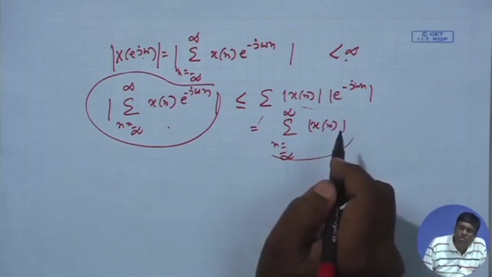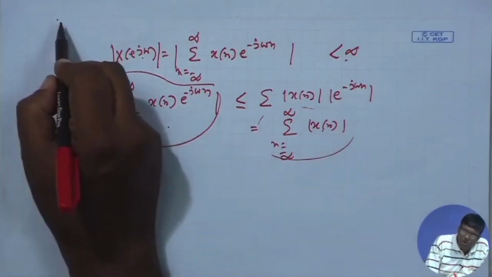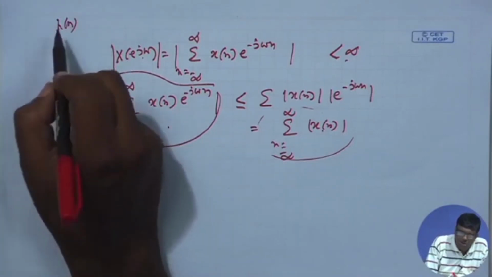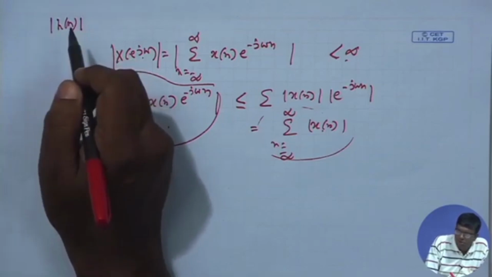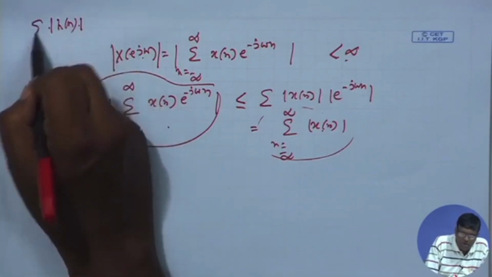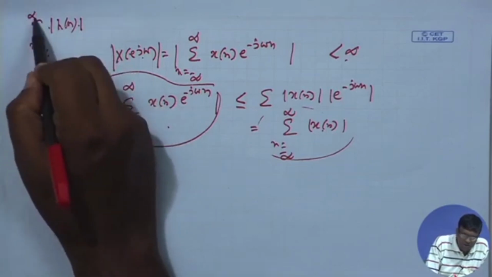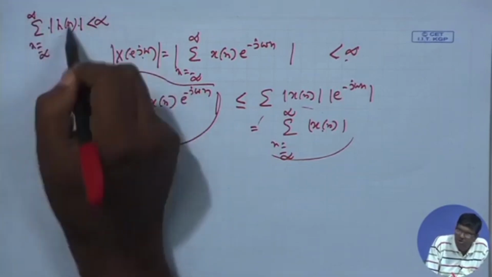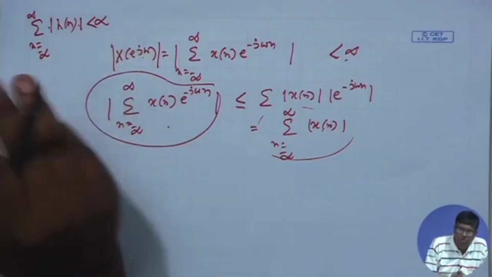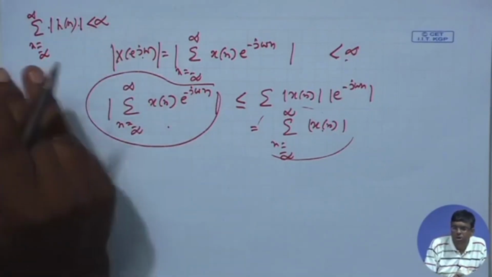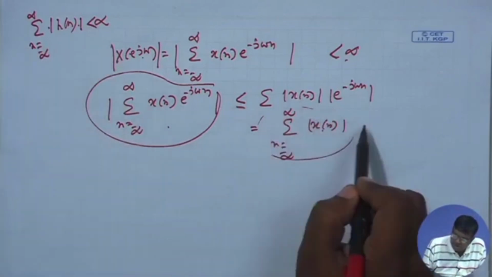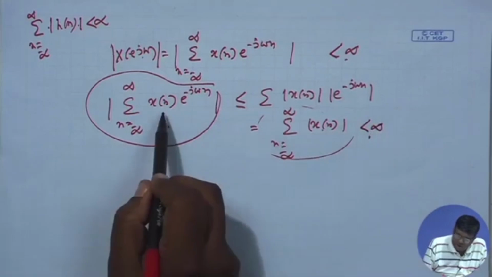Given a linear shift invariant system with unit sample response h n, the system will be stable if its unit sample response is absolutely summable, that is, you take the absolute value and sum over all n, and it should be finite. This is a sufficient condition. If it is true, the system is always stable, though if it is not true, it does not mean that it will always be unstable; sometimes it can be stable also. Similarly, if this is finite, then this is finite.